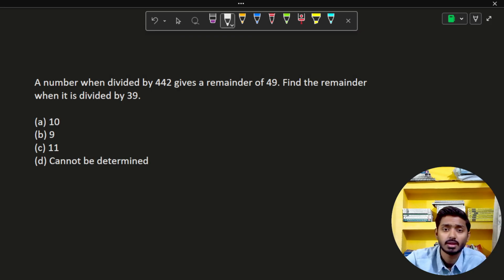Next question. Again, same thing. There are two divisors and a remainder.